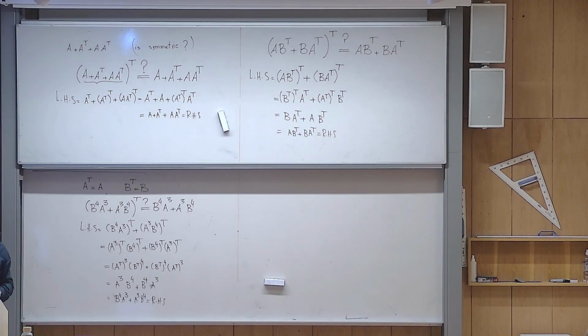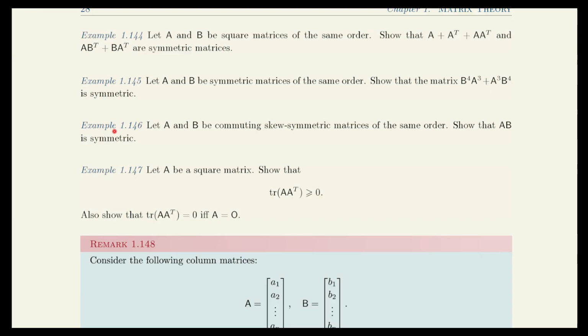Okay, now let us go to this problem. Let A and B be commuting skew-symmetric matrices of the same order. We want to show that AB is symmetric. So we start with A and B, they are skew-symmetric, and we know that they are commuting. We want to show that AB is symmetric.